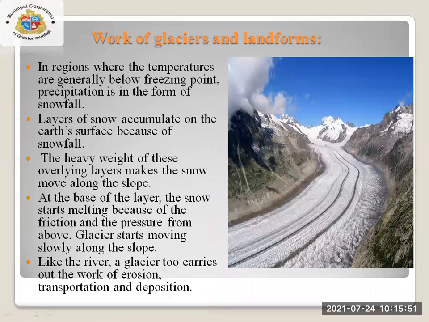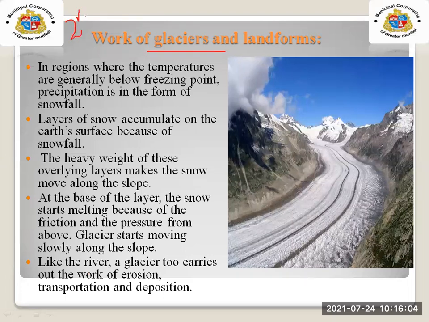Then the work of glaciers and landforms. Now, this is the second agent of erosion, that is glaciers. Till now we have learned the first agent of erosion, that was river running water.